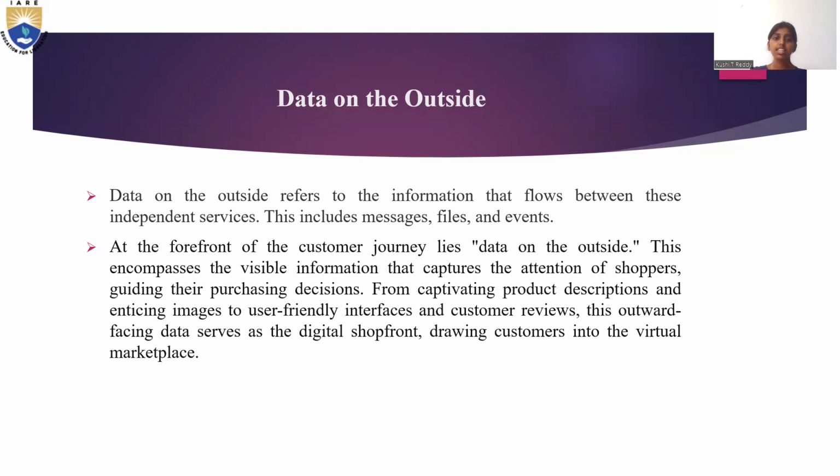This encompasses the visible information that captures the attention of shoppers, guiding their purchasing decisions. From captivating product descriptions and enticing images to user-friendly interfaces and customer reviews, this outward-facing data serves as a digital shopfront, drawing customers into the virtual marketplace.